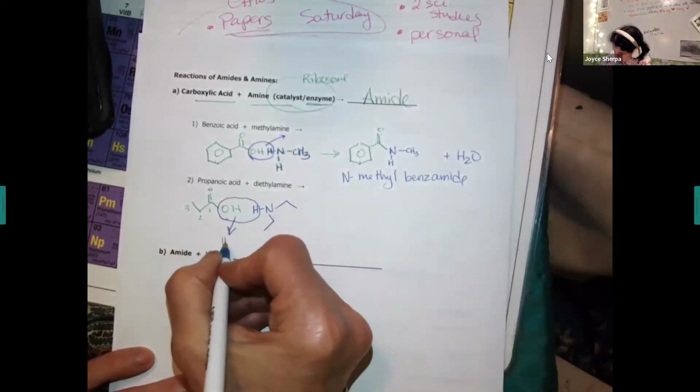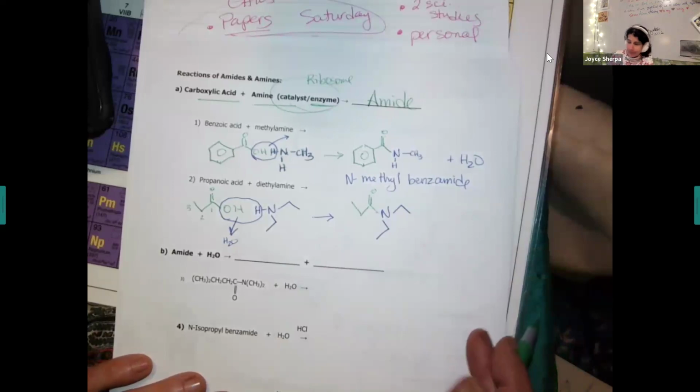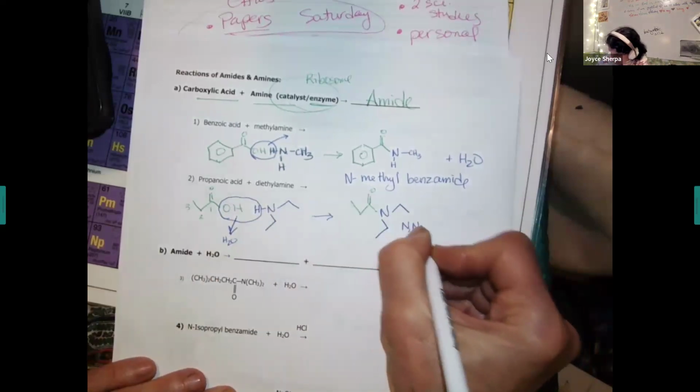And there's the water molecule that you're going to lose. And so when we draw it out, our nitrogen no longer has a hydrogen on it. It's going to be connected straight to the propyl part. So the name for this would be N,N-diethyl.